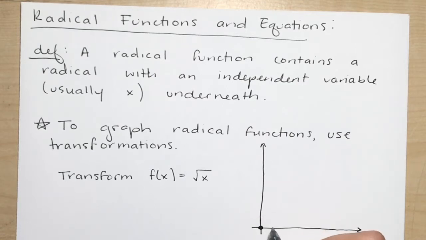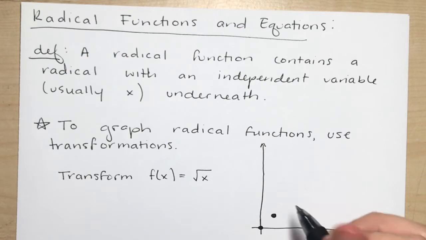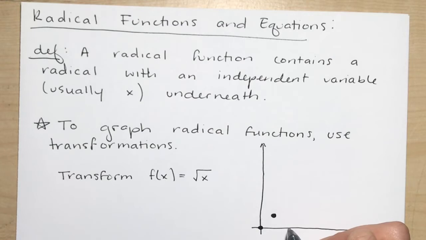At 1, what's the square root of 1? 1, right? And negative 1, but for graphing purposes, we choose that it's positive 1. At 2, what's the square root of 2? Well, the square root of 2 is some decimal that's not super nice. Same with the square root of 3.